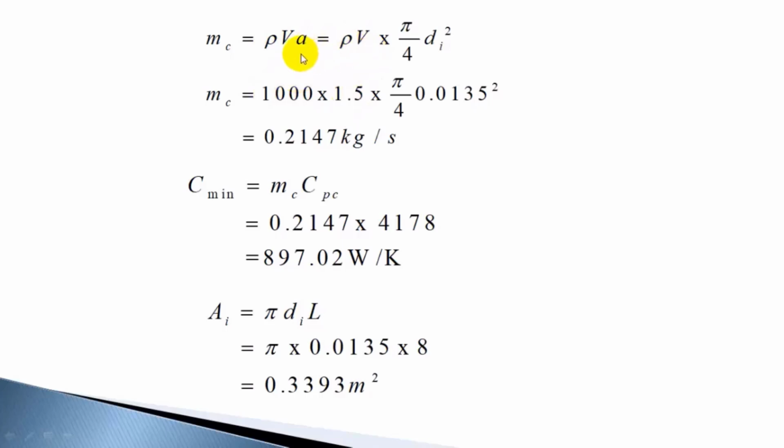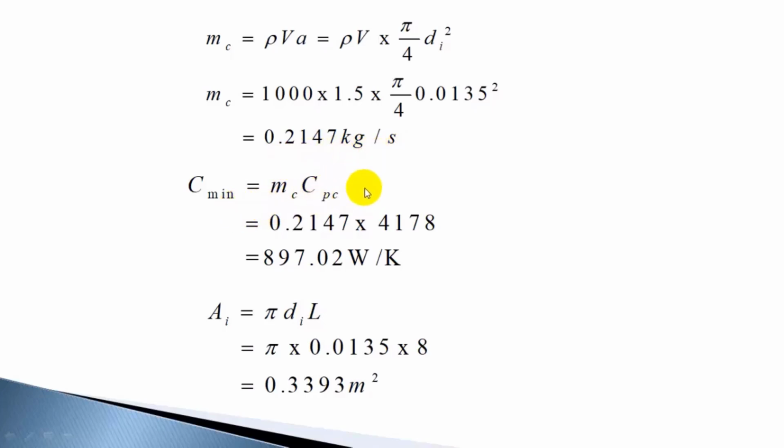The flow area is pi by 4 into di square. Pi by 4 into di, the inside diameter, is 0.0135. Okay, so we will get the mass flow rate as 0.2147 kilogram per second. This is the rate at which water is flowing inside the pipe.